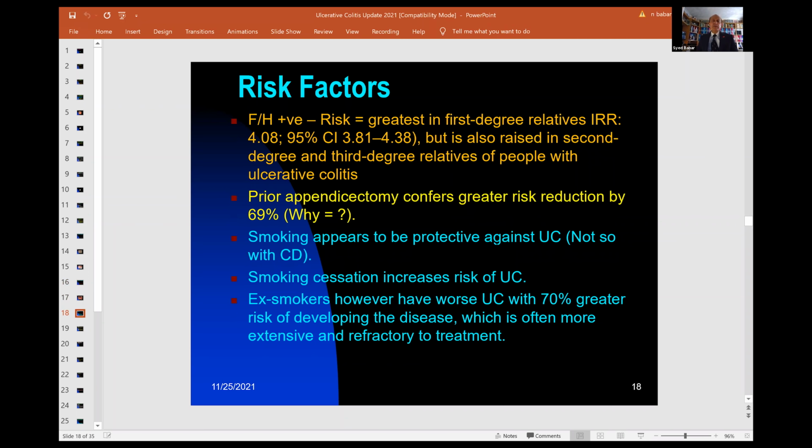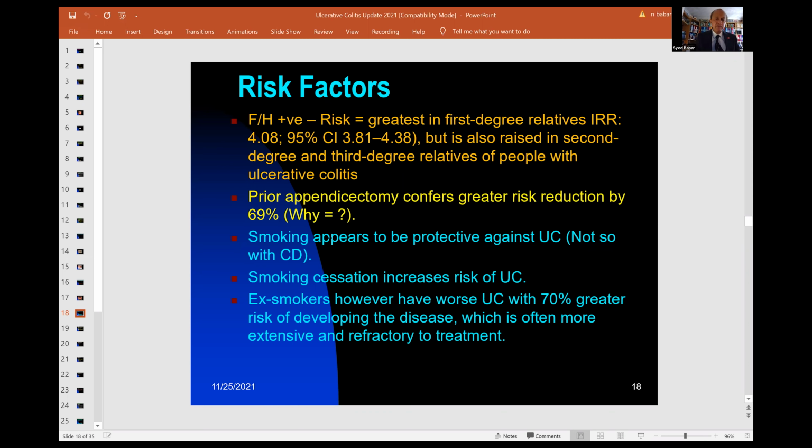So what would be the risk factors in producing ulcerative colitis? Positive family history. For some reason, patients who have had appendicectomy in the past are protected, and the incidence of ulcerative colitis reduces.